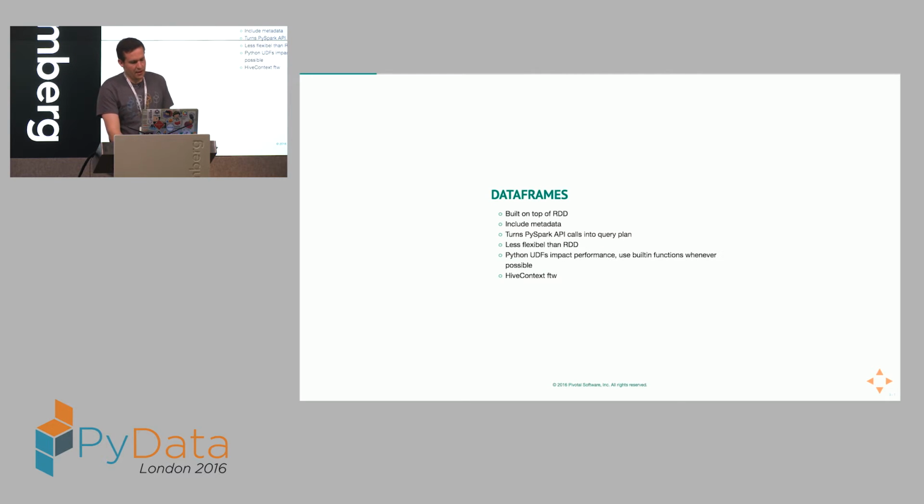If you run these native operations, data frames take your Python calls and compile them down to native Java bytecode. And because data frames have metadata about the types contained in them and so on, you're able to run many more optimizations on them, hence the performance improvement.